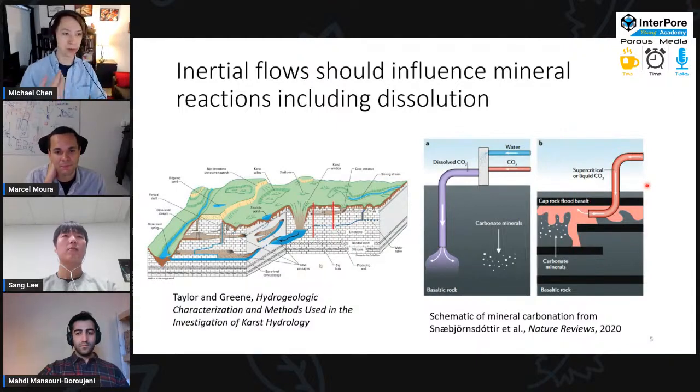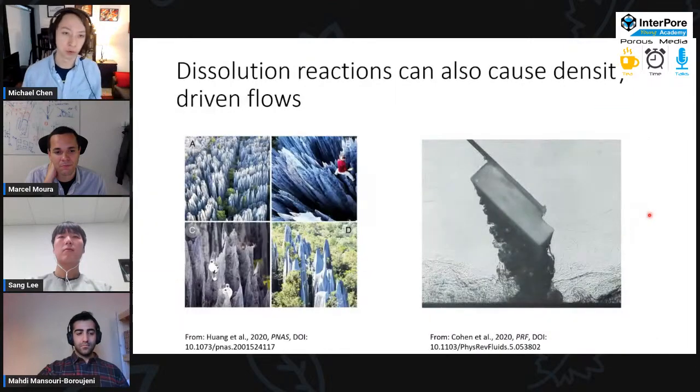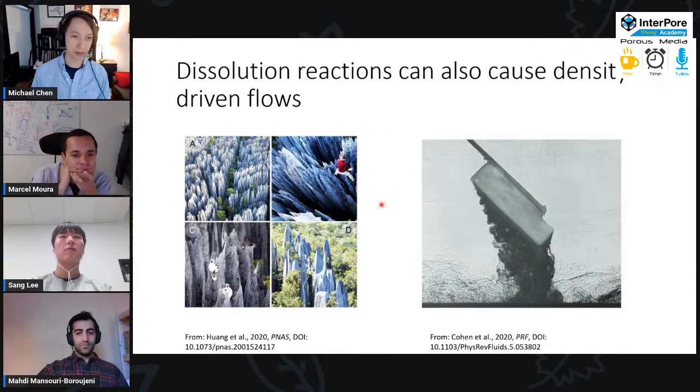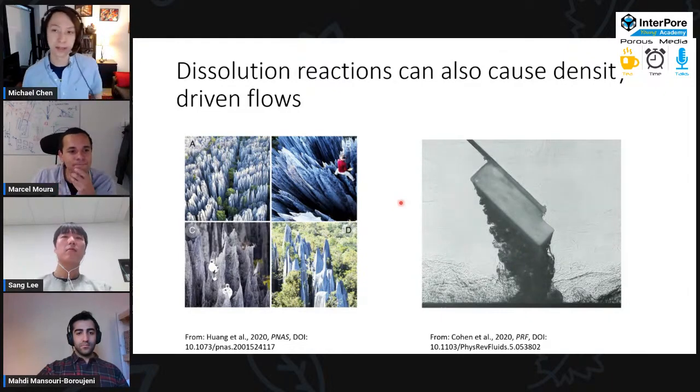When we move from these heterogeneous reactions involving minerals, we can also see the suggestion that there should be potentially some influence of gravity through convective dissolution or the like. Indeed, there have been some really neat studies that show that when you have natural rocks or other rock-like materials dissolving, we will get density-driven flows.